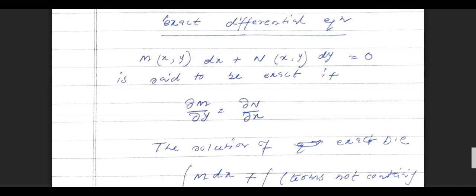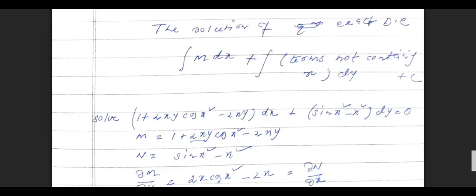In that case, what will be the solution of this differential equation? You have to integrate M dx, means you are integrating M with respect to x, plus integration of the terms not containing x, dy, plus c. If any equation is in this form, you check del M by del y equal to del N by del x.